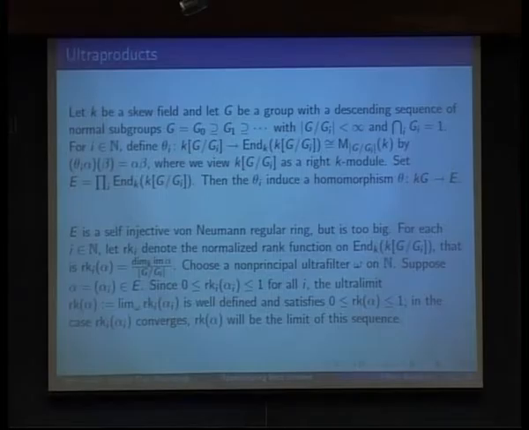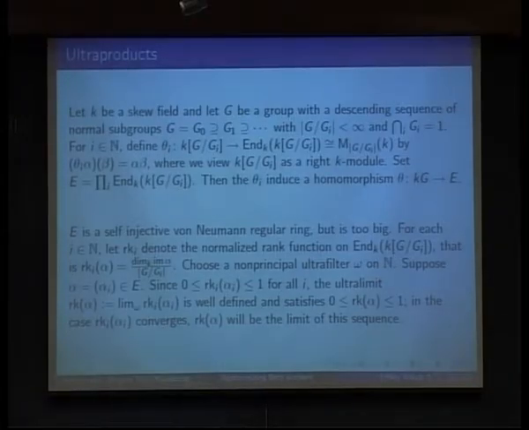And for any subset of N, either that or its complement, but not both, lies in the ultrafilter. And the existence of ultrafilters depends on some version of the axiom of choice. So you can't describe them.